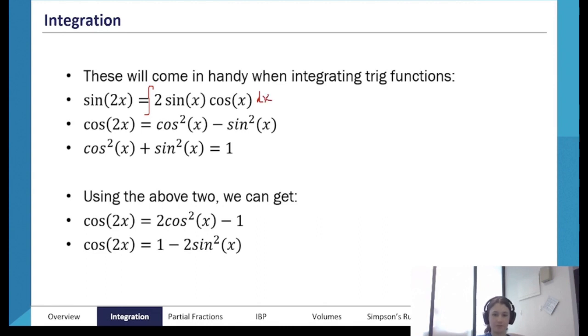However, we can just change this to the sine of 2x, and then we can integrate this just using some linear substitution, where our u is equal to 2x. So what we're doing is trying to rearrange the integral that we've been given into a more palatable, integratable form.